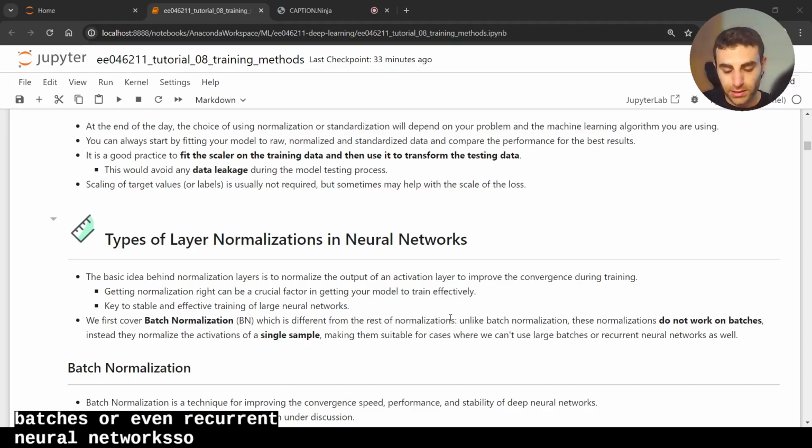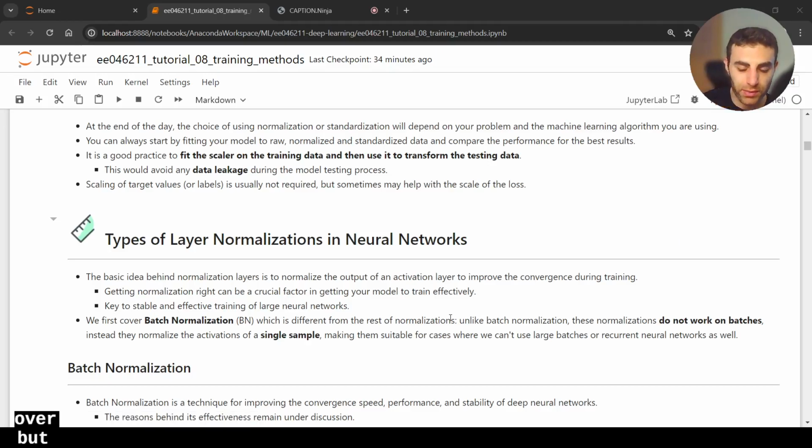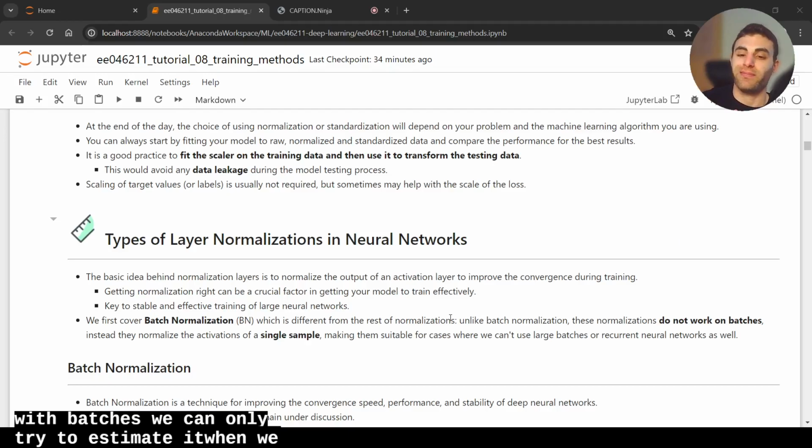Batch normalization tries to estimate the same idea we did on the input, the same standardization or normalization we did over the input, where we had access to the entire dataset. But since we are working with batches, we can only try to estimate it when we apply it on activations, on learned activations, which change in each iteration.